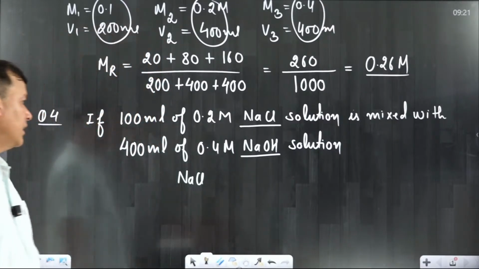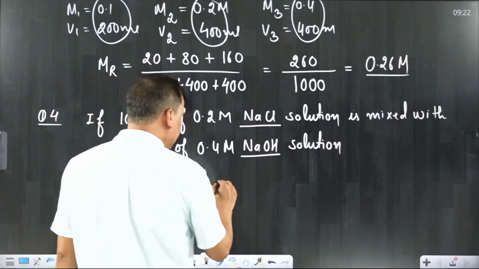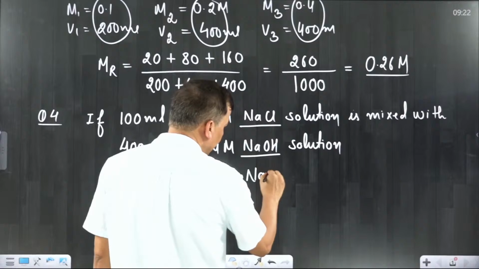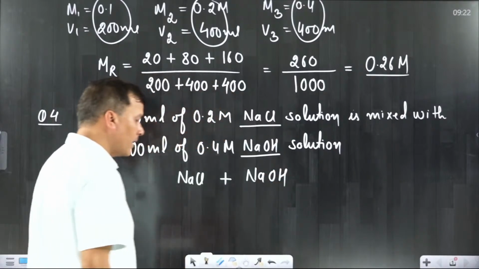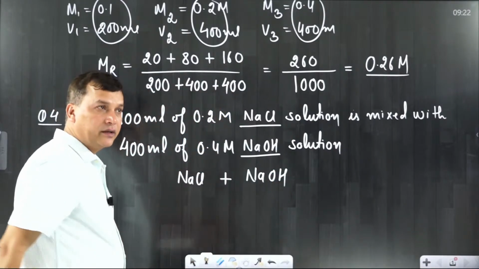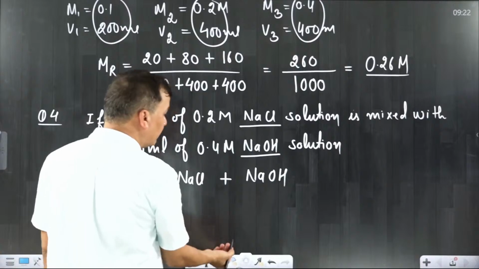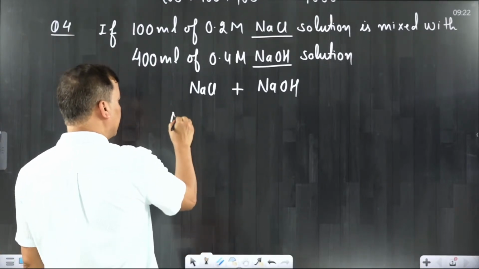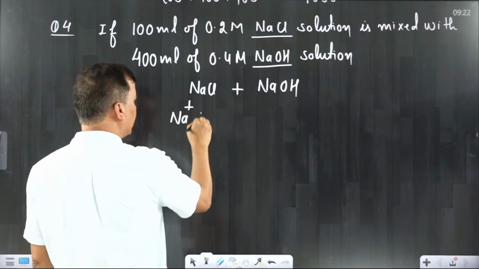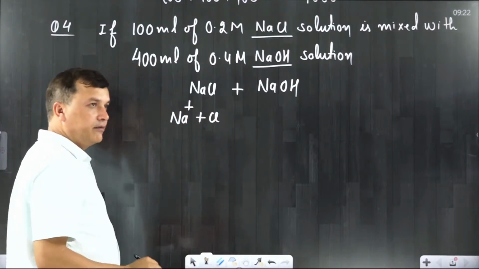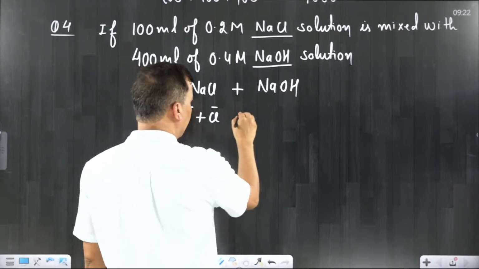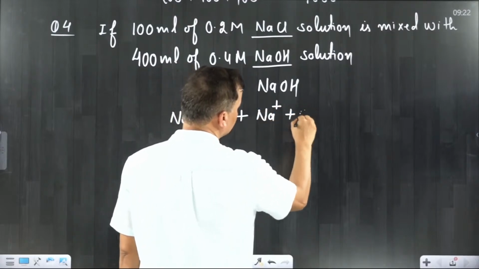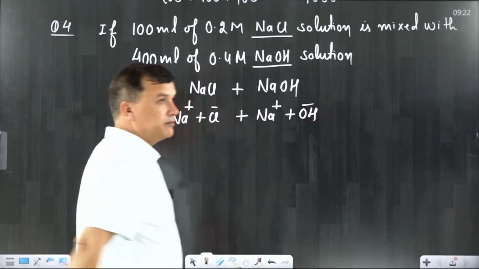So my dear friend, what I'm telling you here is NaCl and plus, the second one is NaOH. Now when they are mixed with each other, addition of which ion will take place? You will write Na positive plus Cl negative, and they are added with Na positive plus OH negative.